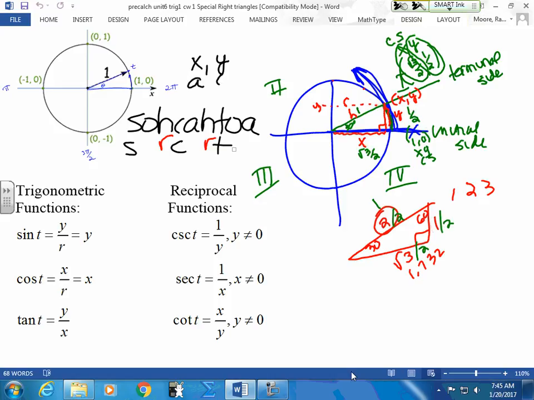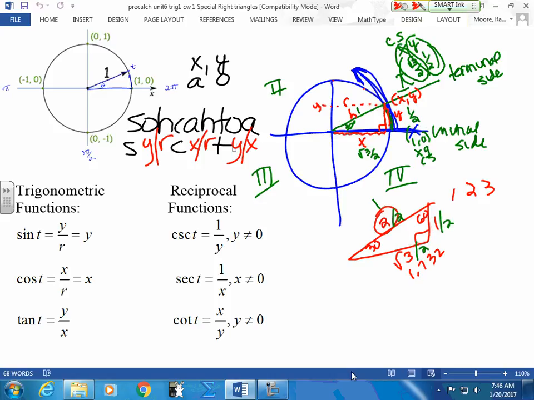A, O. So now, every time I see an A, I'm going to replace it with an X. Every time I see an O, I'm going to replace it with a Y. Hang in there. So sine is Y over R. Cosine, X over R. Tangent, Y over X. Easy transformation here.